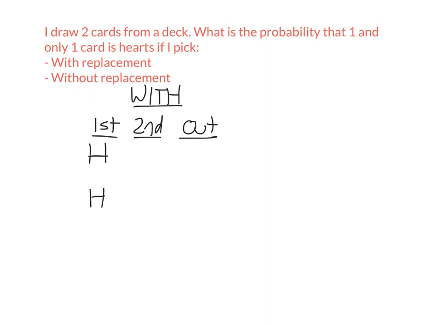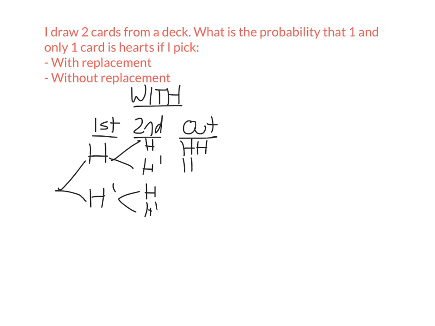If I write hearts, diamonds, clubs and spades, there's just more branches. So that's what I can get on the first go. Second go, of course, I can get heart or not a heart, regardless of what I got the first go. Okay, so there are 4 possible outcomes here. So we have hearts and so on.